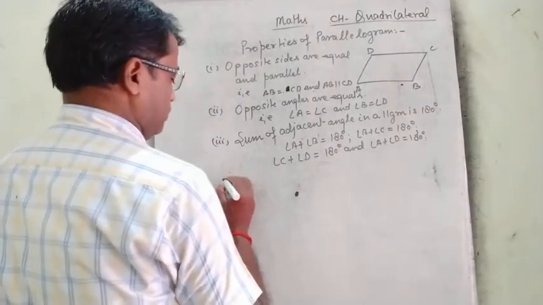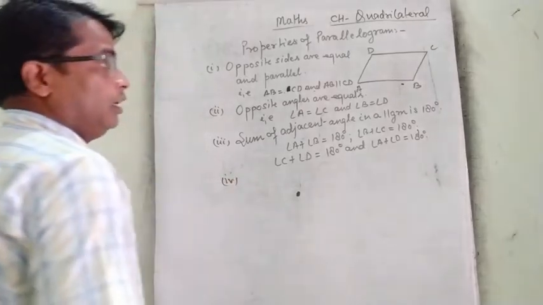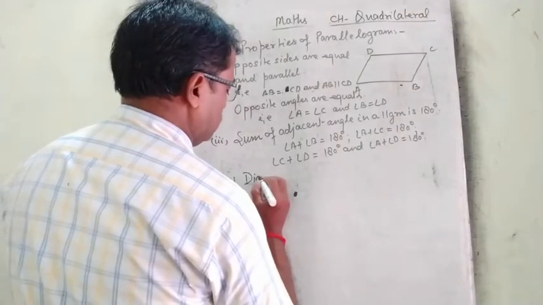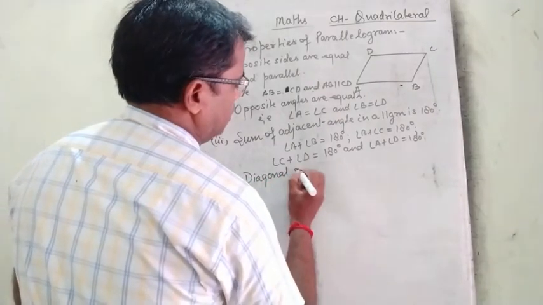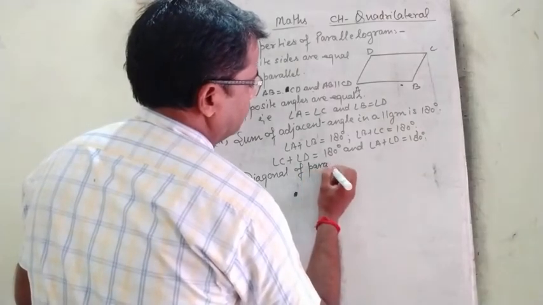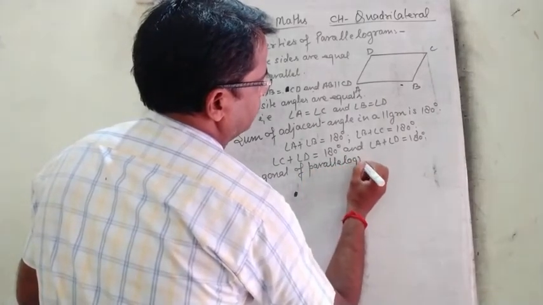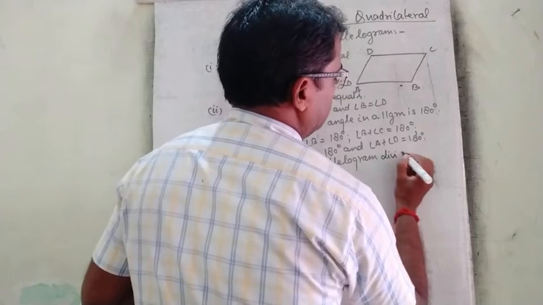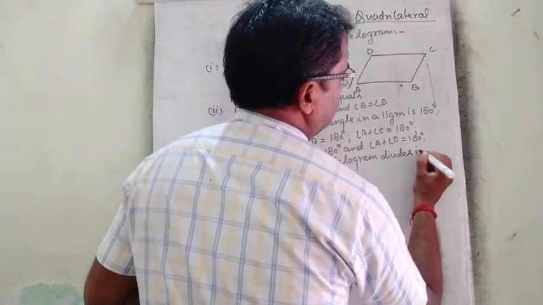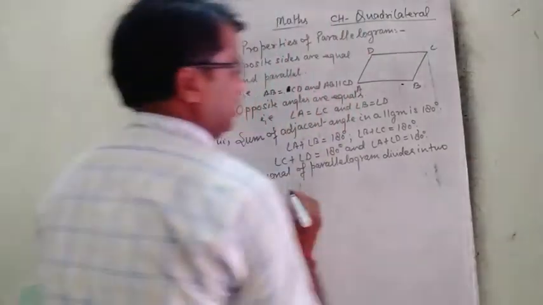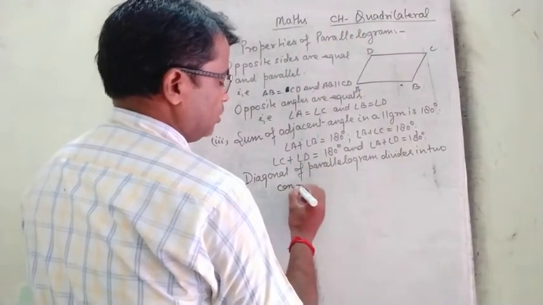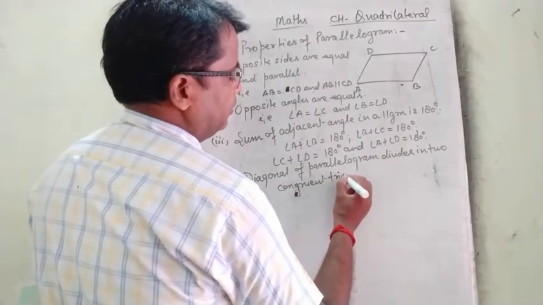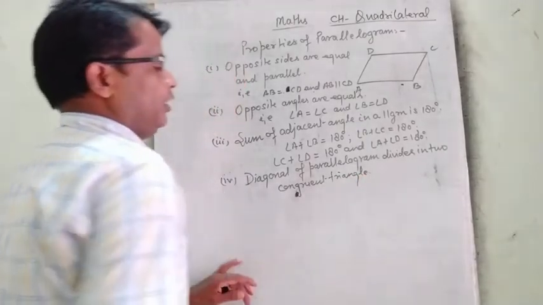Last one, fourth property: a diagonal of a parallelogram divides it into two congruent triangles.